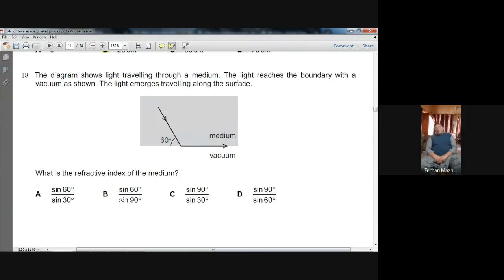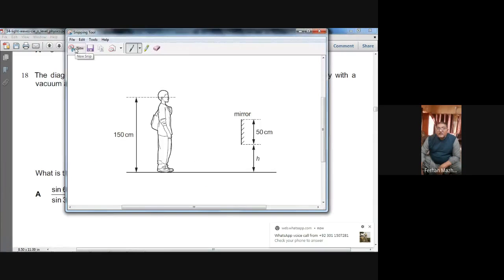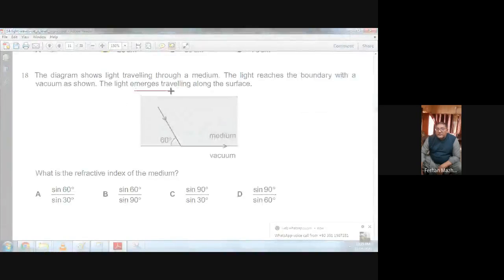Okay, so the refractive index of the medium. Let me take this diagram to the paint.